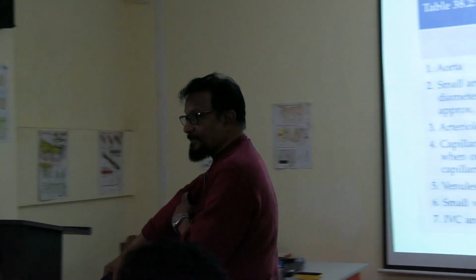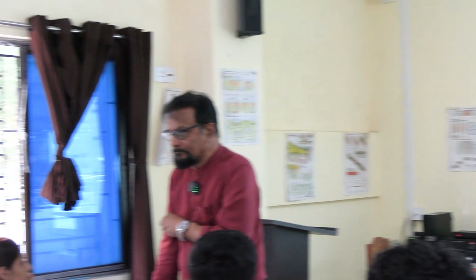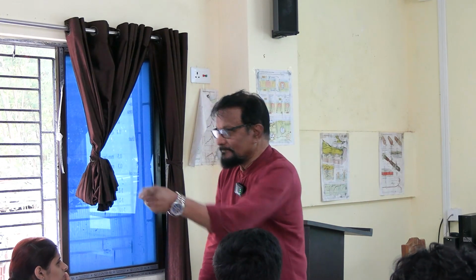What will happen if one artery is injured? How will blood come out? Its velocity will be more; blood will come out at a speed. In a vein, velocity is less. Why?